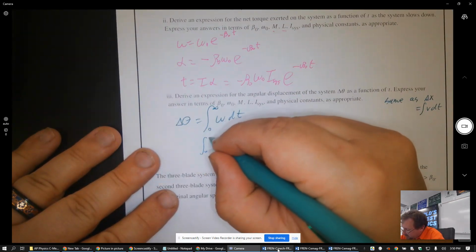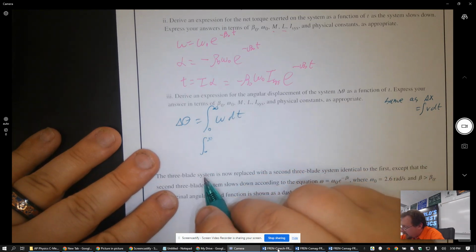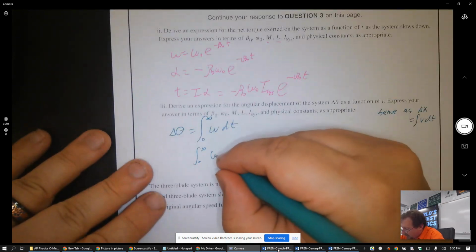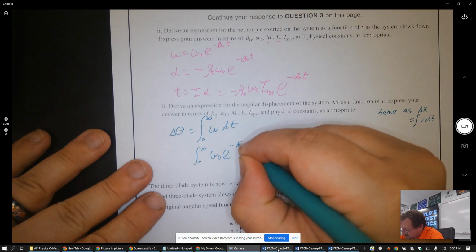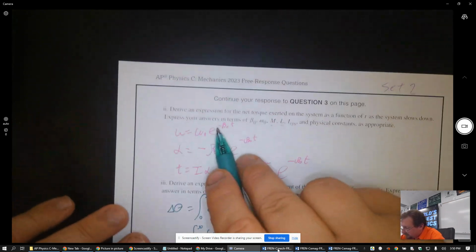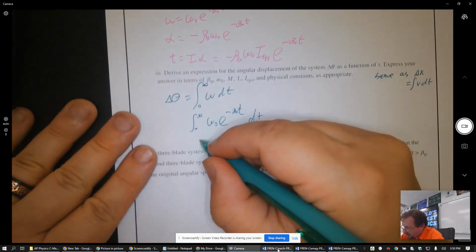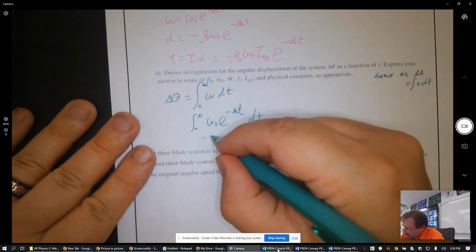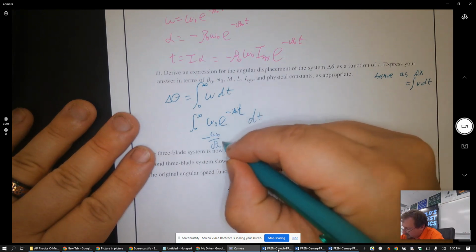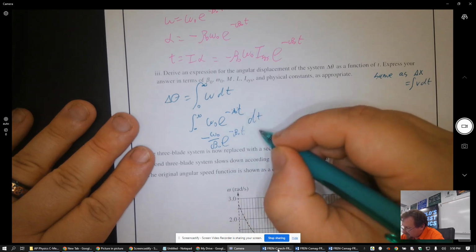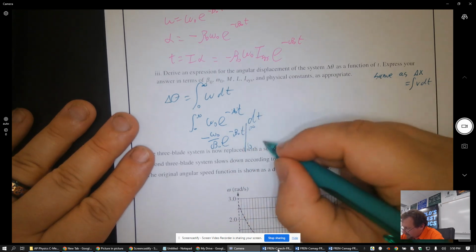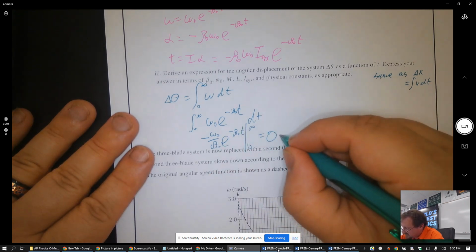All right, the integral from 0 to infinity of omega naught e to the minus beta naught t dt. Okay, if taking the derivative multiplies by negative beta naught, then taking the integral will divide by negative beta naught. Okay, please don't make me prove that. Go learn some u-substitution. From 0 to infinity, plug in infinity, you get nothing.